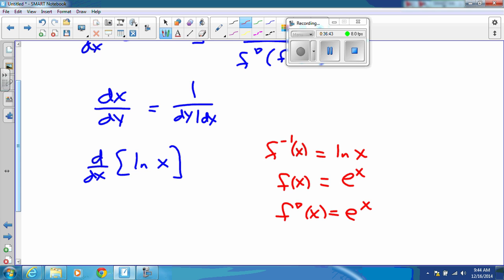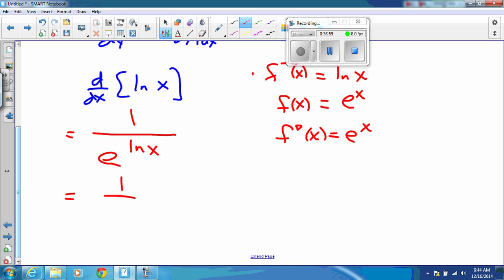We need an f prime of our parent function, e to the x. So we write 1 over f prime of f inverse, which is 1 over e to the ln x, which is the same as 1 over x. And we're done.